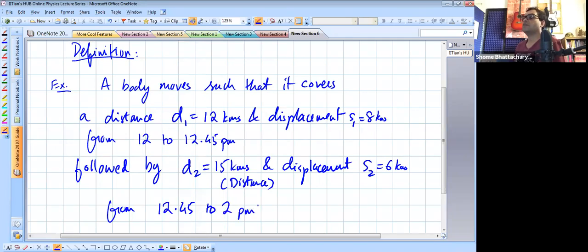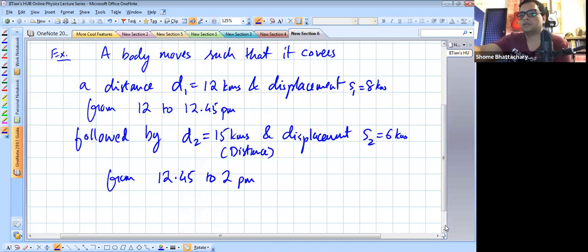Okay. Now what I'm trying to find out, the question I'm asking, is what is going to be the net distance covered and what is going to be the net displacement in the entire interval from 12 to 2.